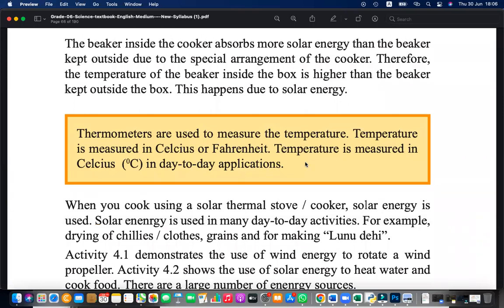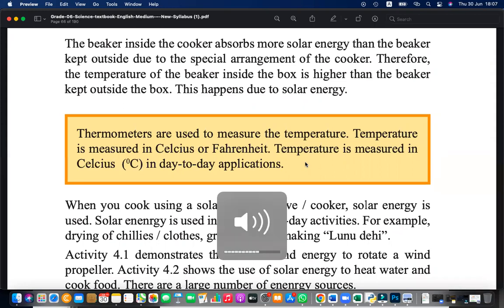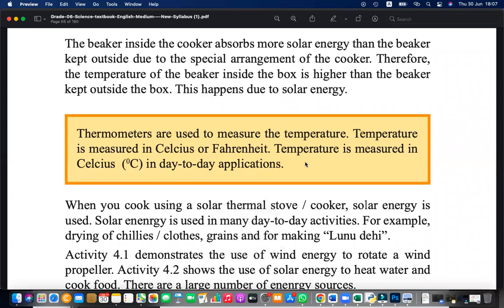But basically, temperature. There are two measurements that you can use to measure temperature. One is Celsius and the other one is Fahrenheit. Do you know the difference between these two, Fahrenheit and Celsius? Both are measurements used to measure temperature.